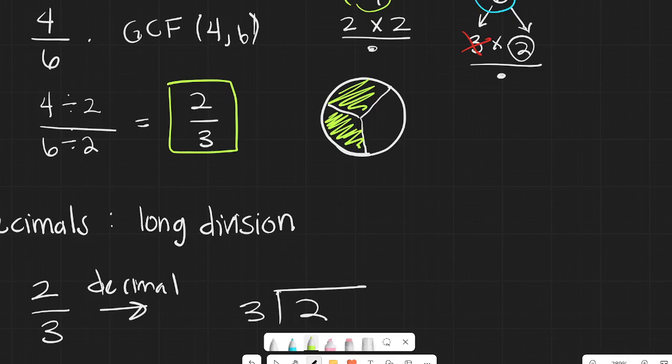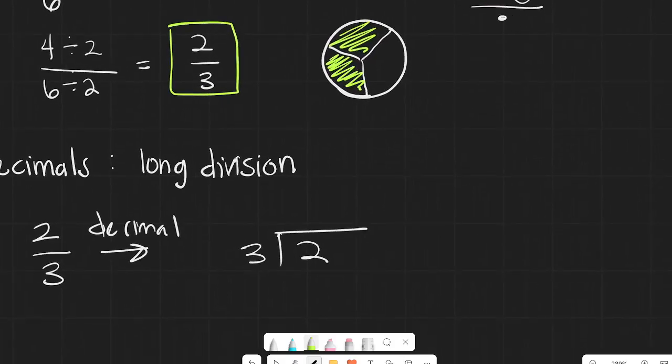And 2 goes into 3 more than once. It's a little more than 1. It's actually 1.5. But 3 going into 2, that's different. That's not even 1. It's not quite 1 yet. So this is why we're doing the long division.